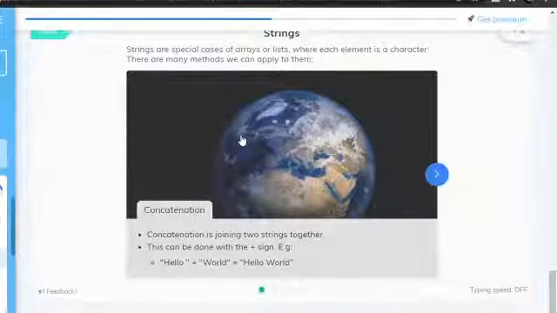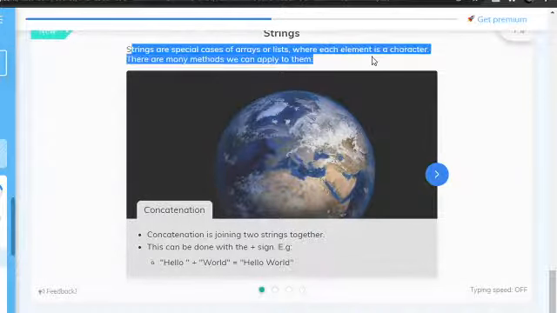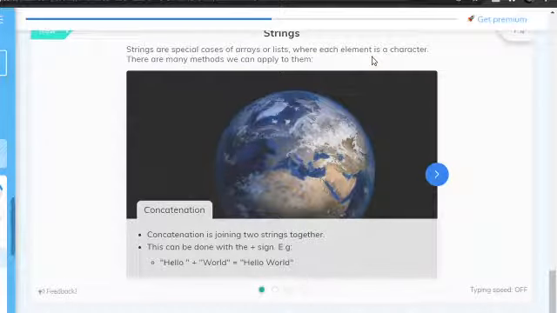That took too long. So, strings. Strings are special cases of arrays or lists, where each element is a character. There are many methods we can apply to them. Concatenation is joining two strings together, so hello plus world.